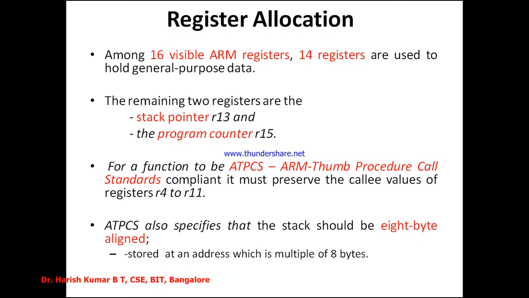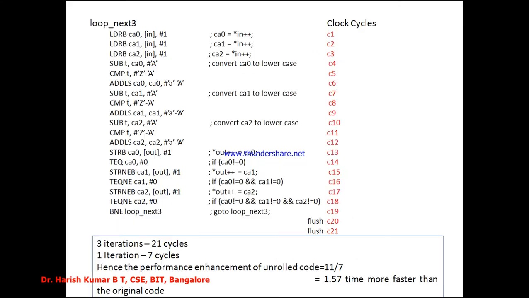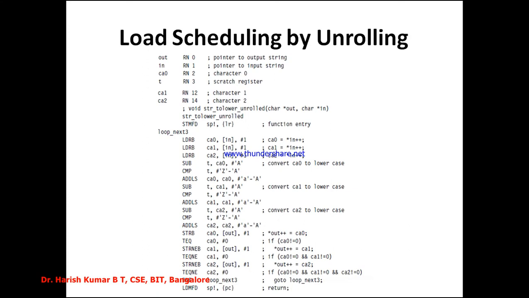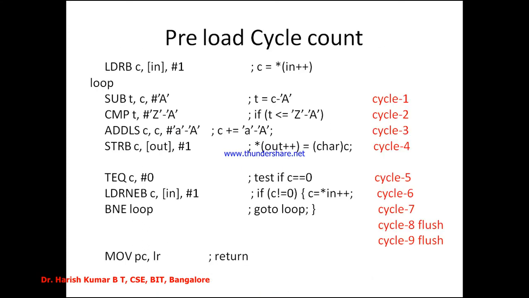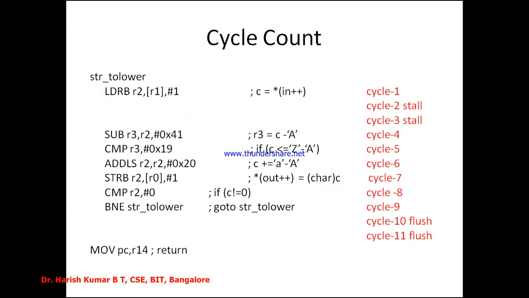and we understood three different programs there. The first program converts a single character from uppercase to lowercase. It was taking a total of 11 clock cycles, which I explained in detail.